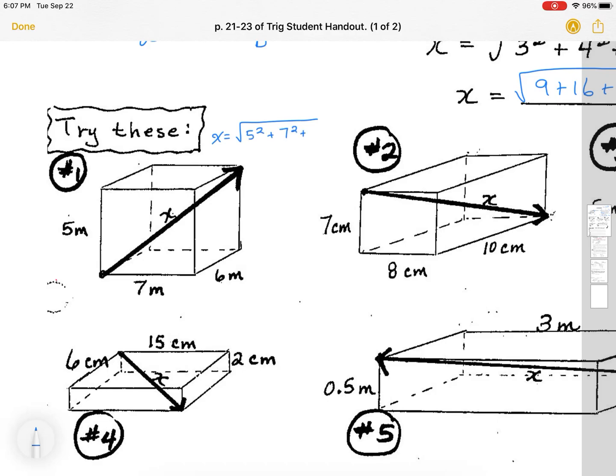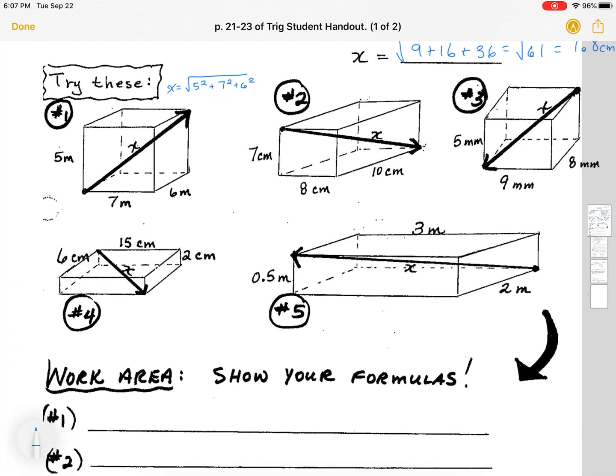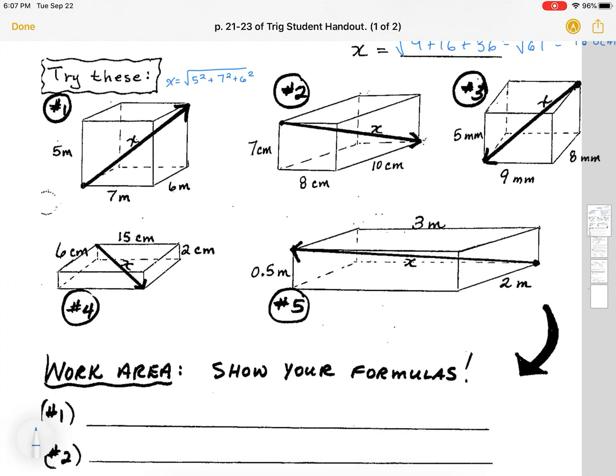So if I'm going to try this one here, x will be the square root of 5 squared plus 7 squared plus 6 squared. Okay, now what you can note is at the bottom it's got work area for all of these.